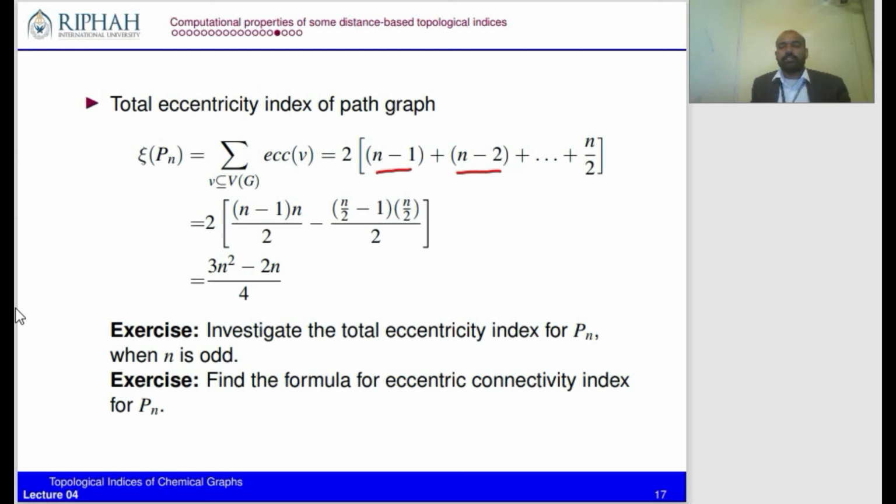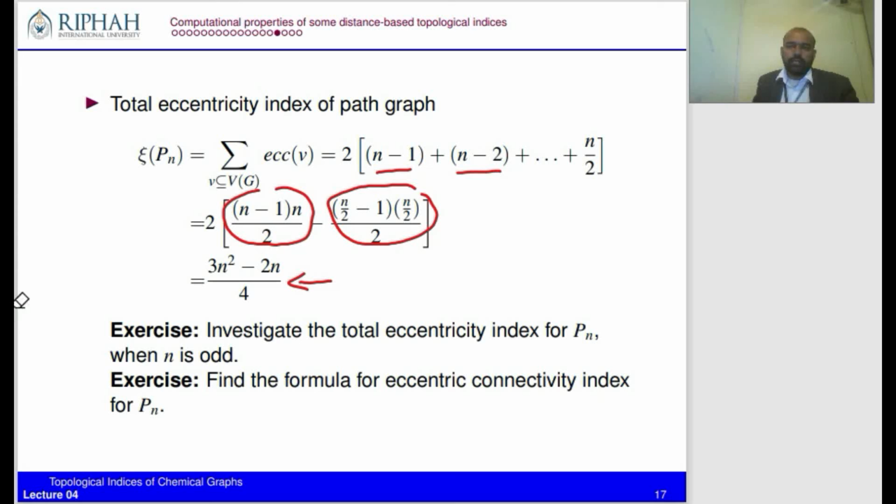So this is the summation of numbers from n over 2 to n minus 1. So here is the summation of the first n terms minus the summation of the first n by 2 minus 1 terms. After some simplification we get this formula, which is the total eccentricity index of the path graph when n is even.